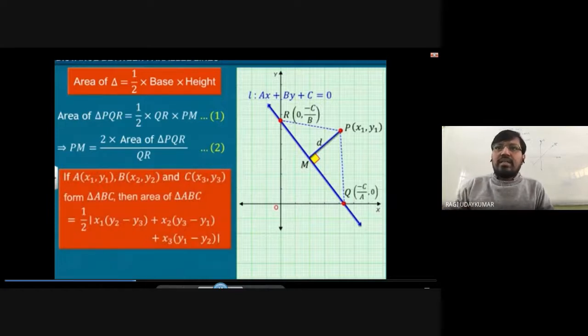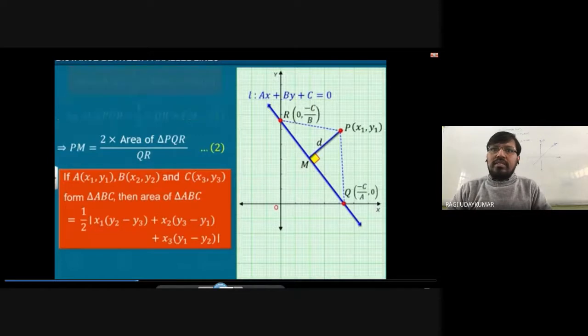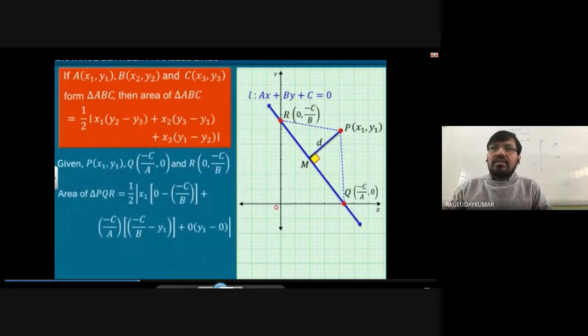If the points are (x1, y1), (x2, y2), (x3, y3), whenever you take the area of the triangle, you can find it using the three coordinates. The area of the triangle formula is half into modulus of x1(y2 - y3) + x2(y3 - y1) + x3(y1 - y2).